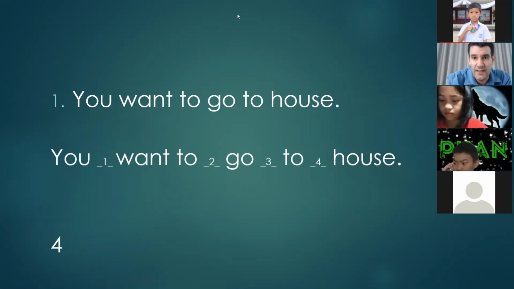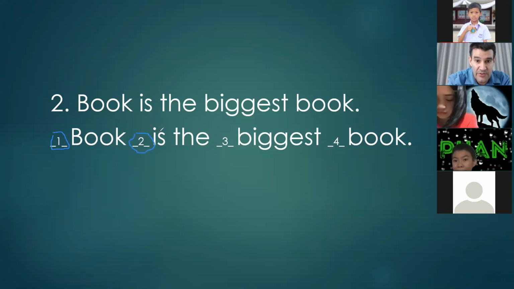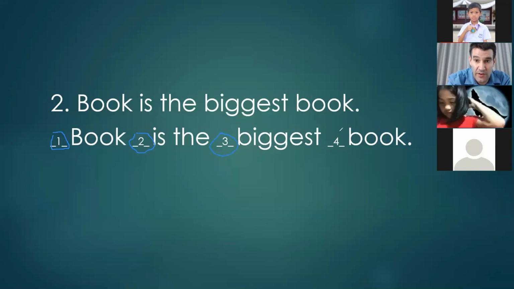Okay, so in the chat you can write, I will do again, and you can write in the chat where the possessive adjective goes. So, book is the biggest book. If you think it goes here, then write number 1. If you think it goes here, write number 2. If you think it goes here, write number 3 or number 4.